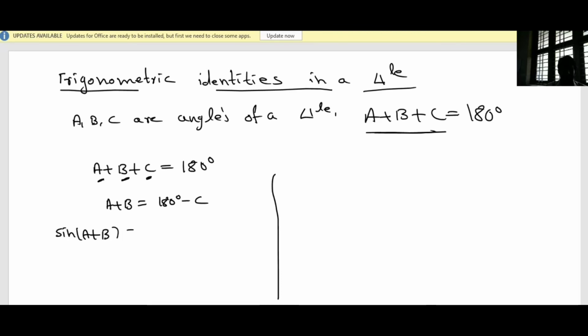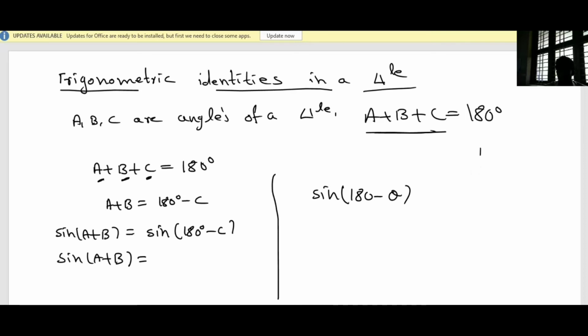First I am taking the sine of A plus B. Taking sine on both sides, sine of (A plus B) is equal to sine of (180 degrees minus C). Now, what's the formula for sine of (180 minus theta)? Which quadrant is 180 minus theta in?